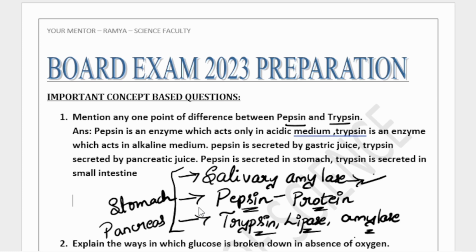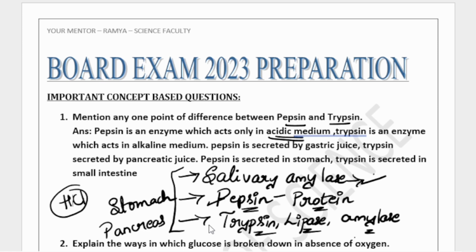Now pepsin, which is present in the stomach, will always work in the acidic medium, my dear students, because the stomach releases hydrochloric acid, which helps in killing microorganisms and also makes the food acidic. So pepsin will work in the acidic medium. This is a very important thing you have to know.